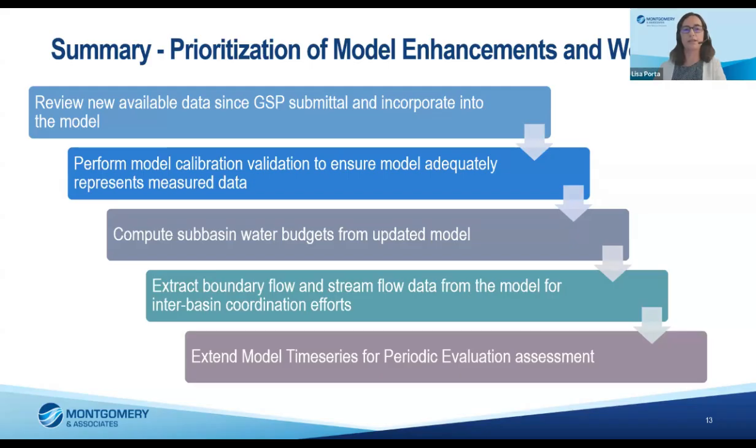So we looked at all the new available data since the GSP submittal and triaged and looked at what makes the most sense to incorporate in the model. We then performed model calibration and validation to make sure that it's still performing adequately. And then looking at computing the revised water budgets, extracting boundary flows, and then making it useful for the periodic evaluation assessment. So that was kind of the workflow over the last year or so.